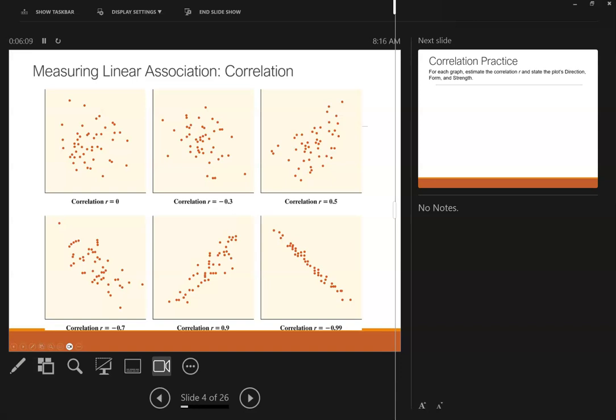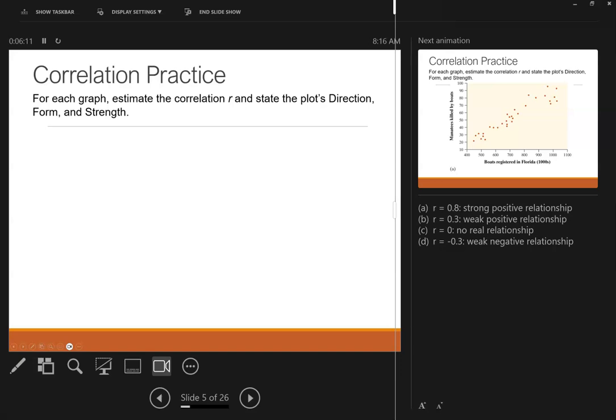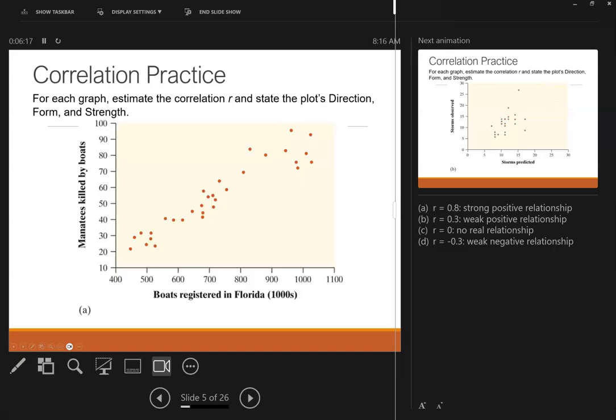All right. Where did my thing go? Okay. For each graph, estimate the correlation R and state the plot's direction, form, and strength. Who wants to take a stab at this one? Let's start with estimating an R. There's nothing to compute here.